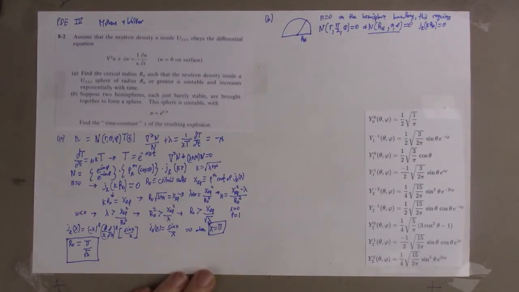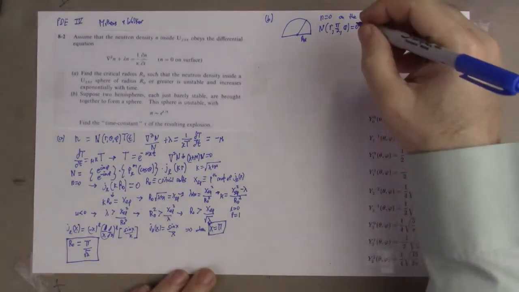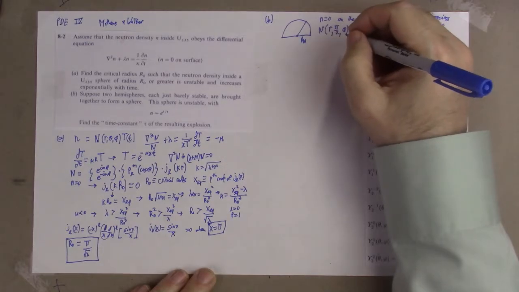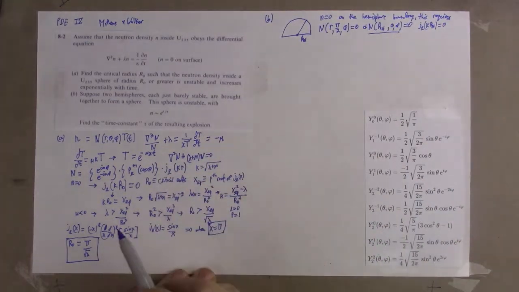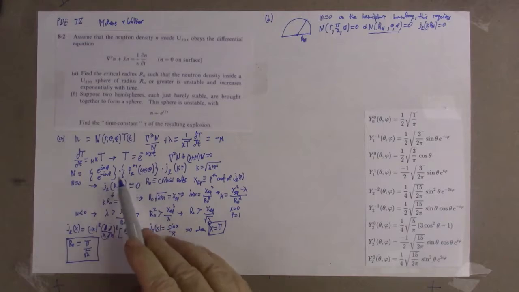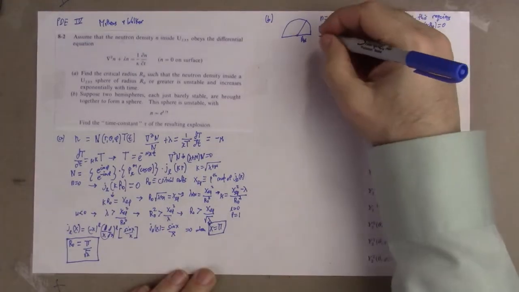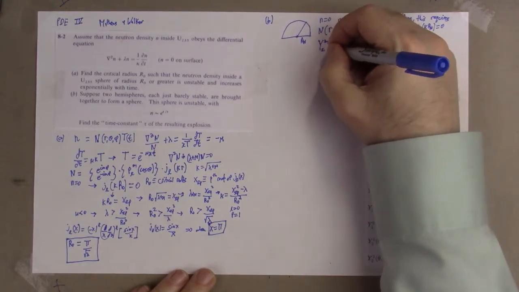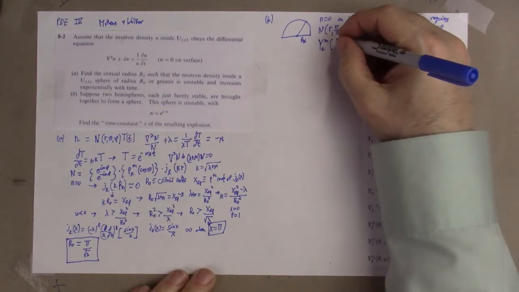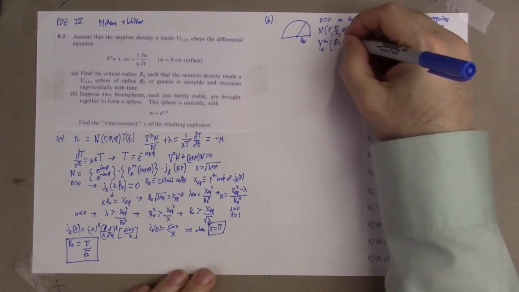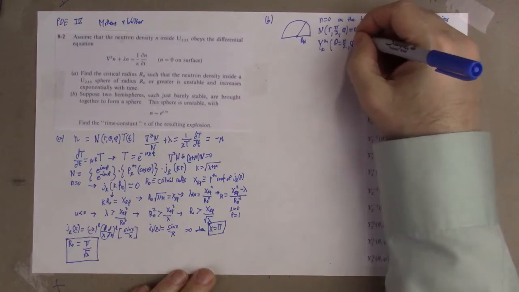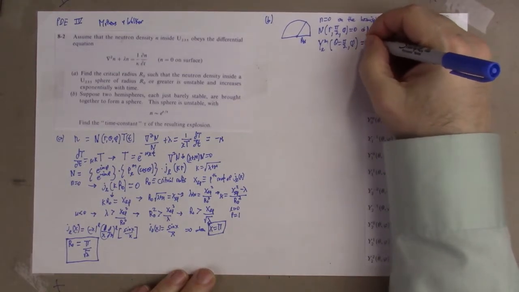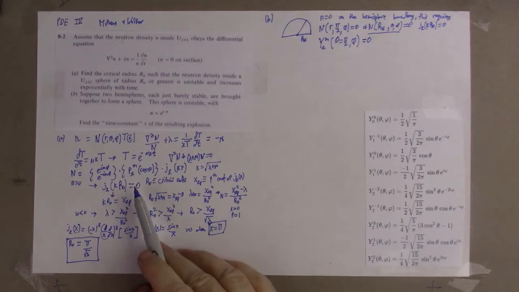But for the first condition, if you remember what these functions are, the product of these two are just spherical harmonics. So I'm just going to use spherical harmonic notation. We have to have Y LM at theta equal pi over 2 for any phi and any r equals 0. So just looking at the angular part there.